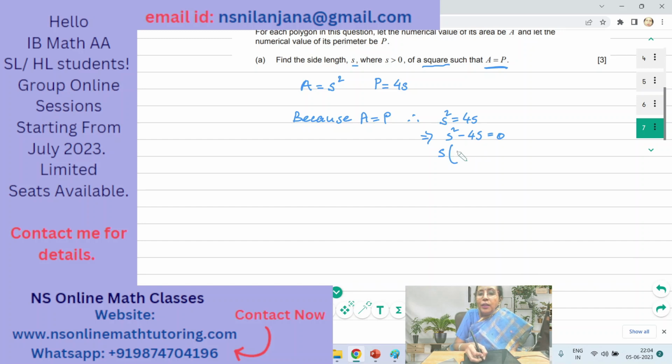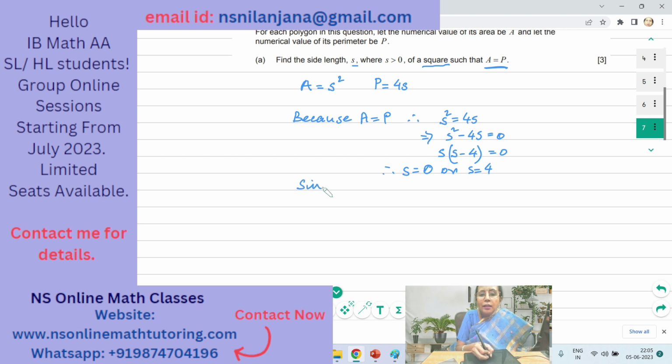So within the brackets, we have S minus 4 equal to 0. Therefore, S is equal to 0 or S is equal to 4.